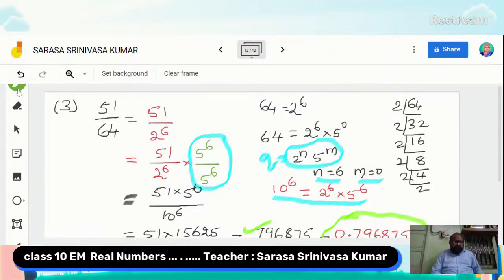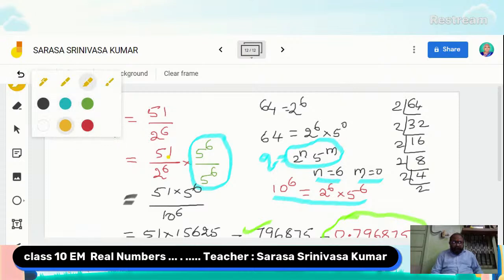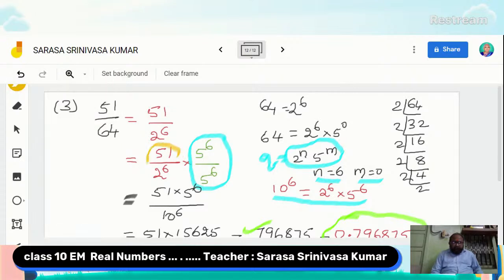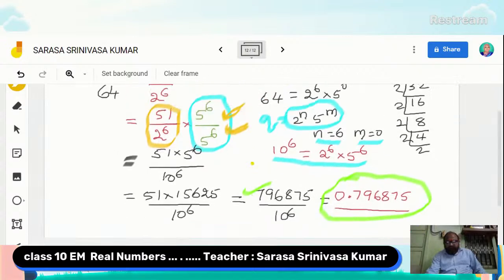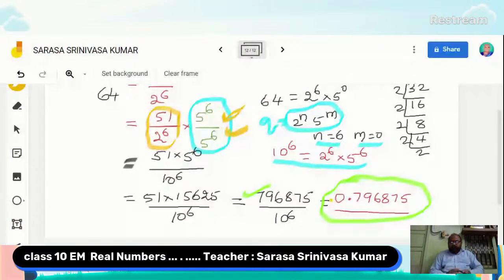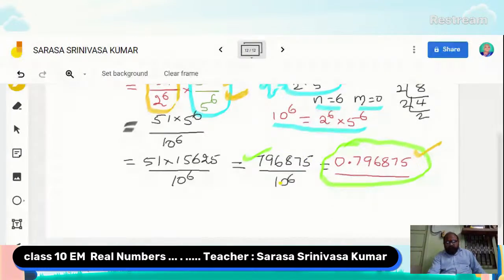And hence 51 by 2 power 6 should be multiplied and divided by 5 power 6. There will be no change in the value. So after simplification we get 0.796875, the decimal number. This is the answer for the problem.